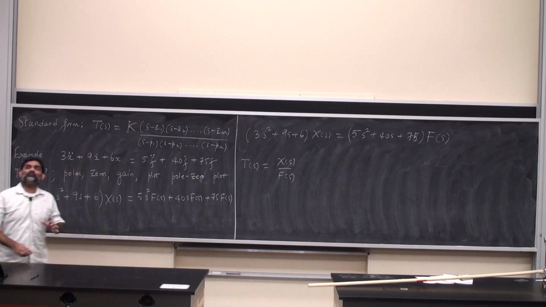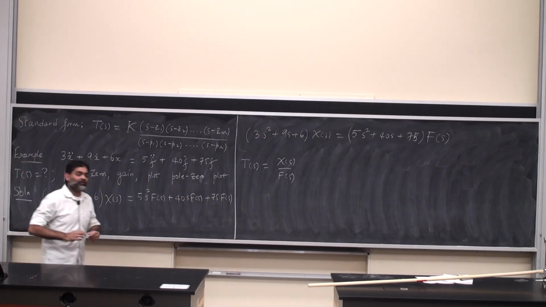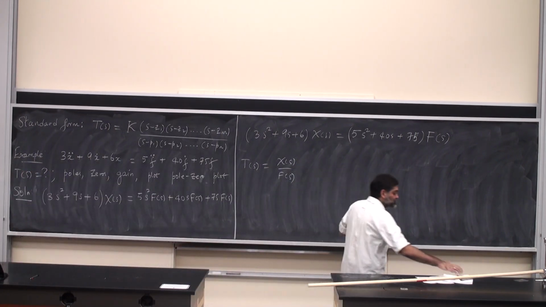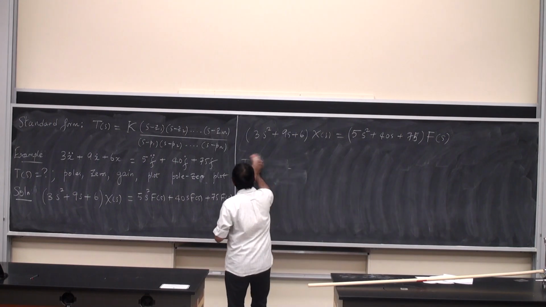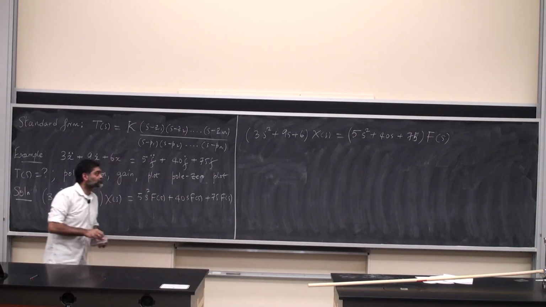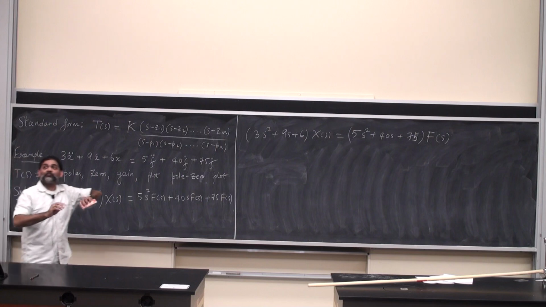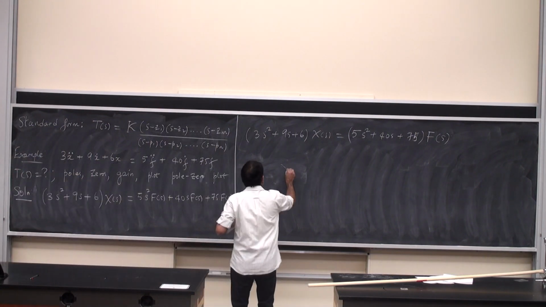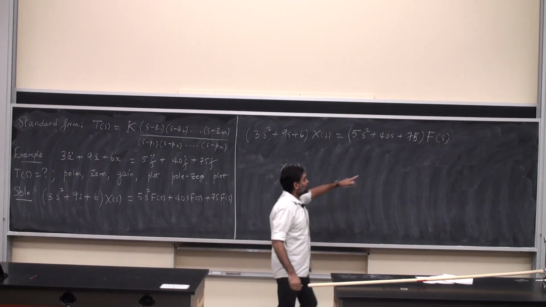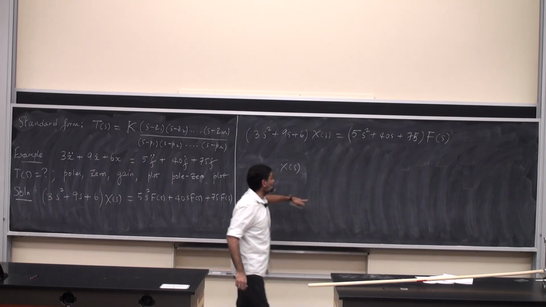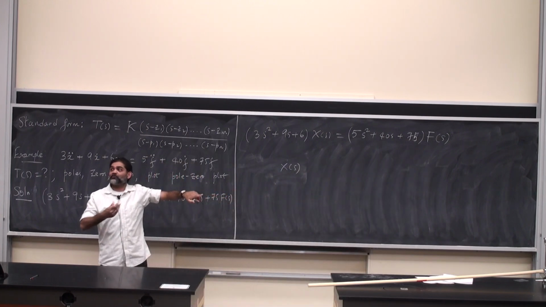If you want an intermediate step before I do this particular step, just to be on the same page with everybody, here is what you can do. Take the X of s, keep it where it is. Take the F of s from that side, bring it to the left hand side so it becomes a term in the denominator.